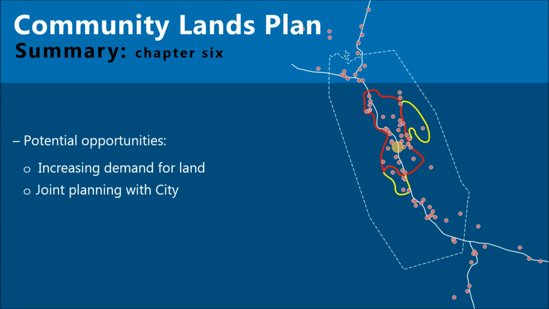So there's a lot of opportunity around this increasing demand for land. Kwalendon is the largest private landholder within the city. It's got a lot of land within the existing urban containment boundary, and it just needs to work in partnership with the city to unlock the potential of those lands.